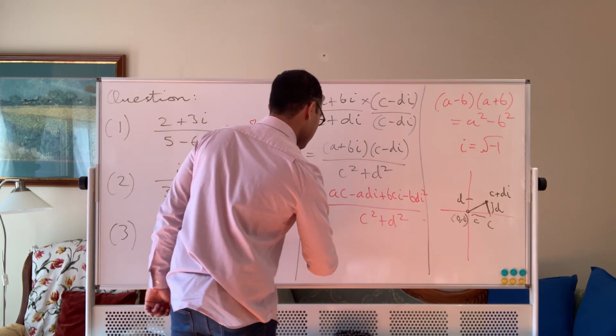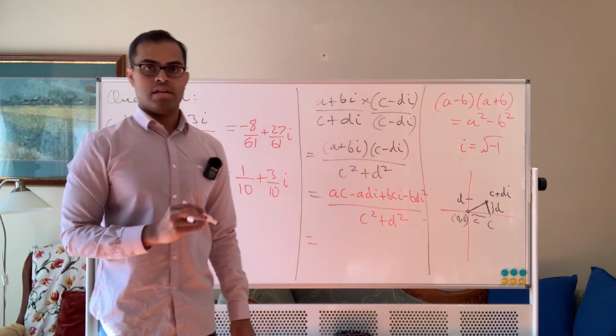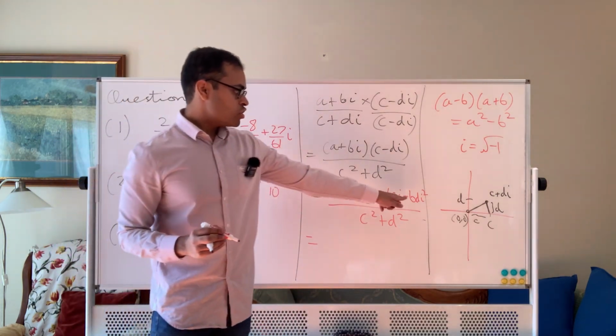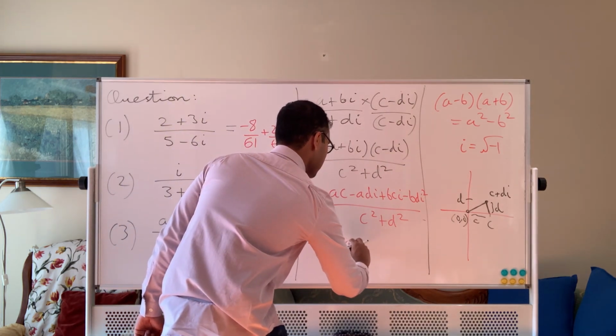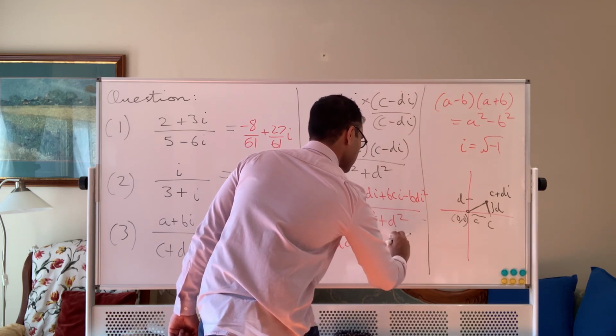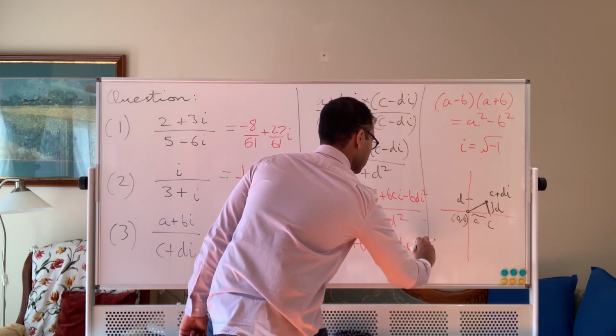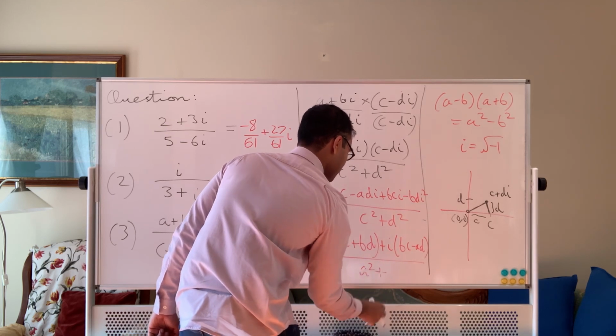So you collect real and imaginary parts. bdi squared is negative bd, because i squared is -1, so it's a negative of a negative, which is a positive. So we're just going to get ac plus bd plus i times bc minus ad, divided by c squared plus d squared.